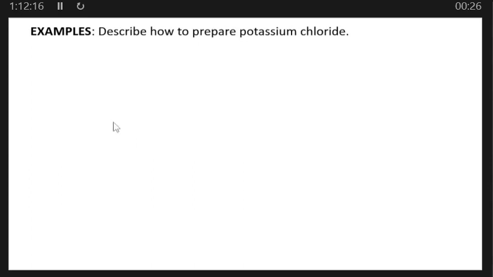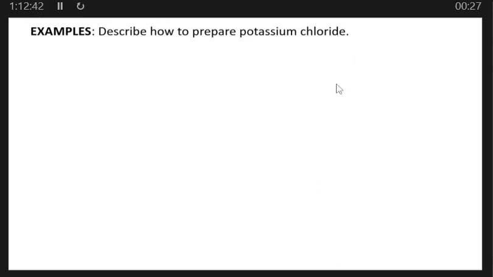So here they are saying describe how to prepare potassium chloride. Now we have come to the main objective of this lesson. Remember they are saying describe how to prepare potassium chloride.